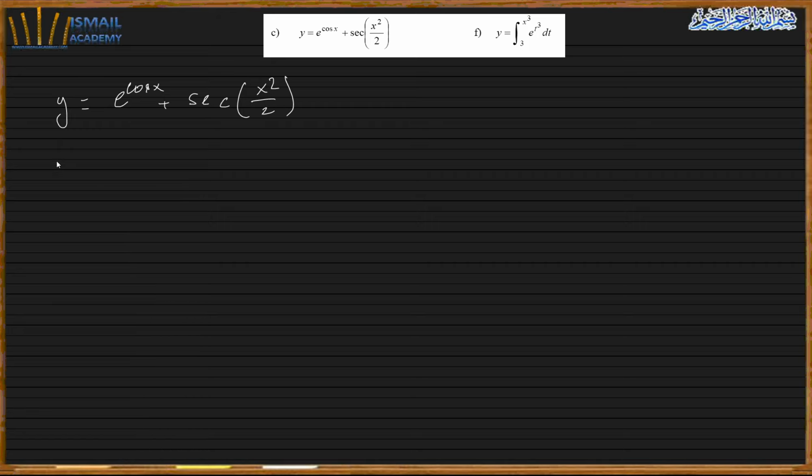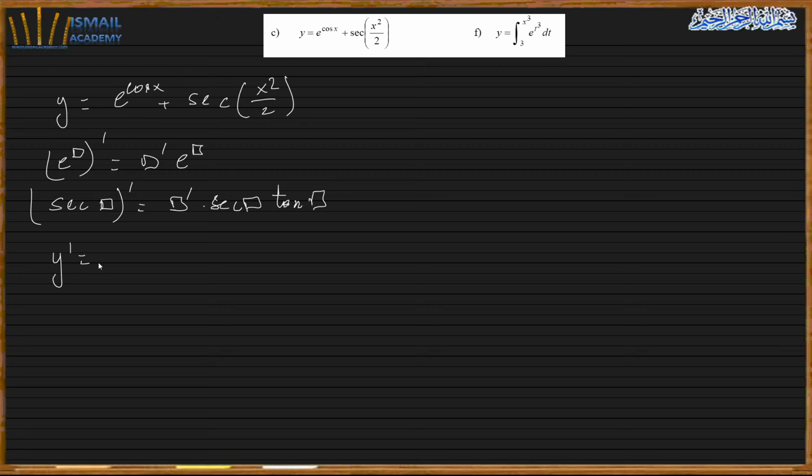The derivative of e is the derivative of the exponent times e, and the derivative of secant is the derivative of the inside times secant of the inside times tangent of the inside. Alright, so this is straightforward.